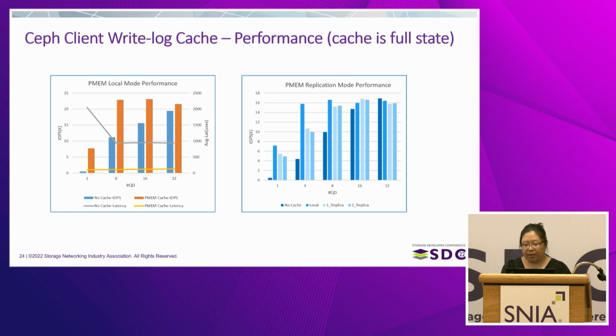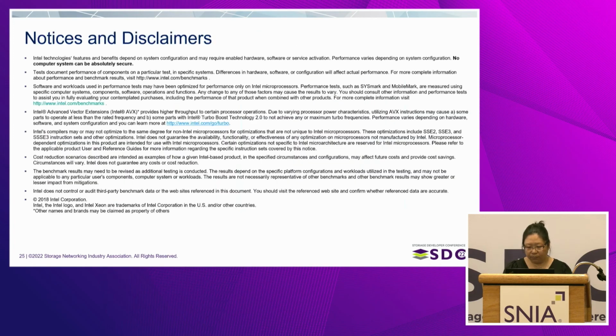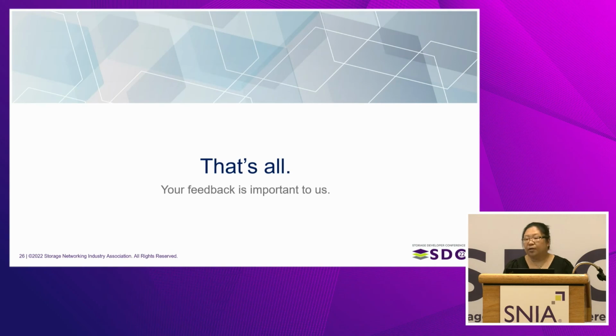As the IO depth increases, the performance gets a little worse with the local PMEM and the replica. That is the cache-full state we tested. If the cache is not full, it's several times or several tens of times faster than writing to the Ceph cluster. Okay, that's all. Thank you.